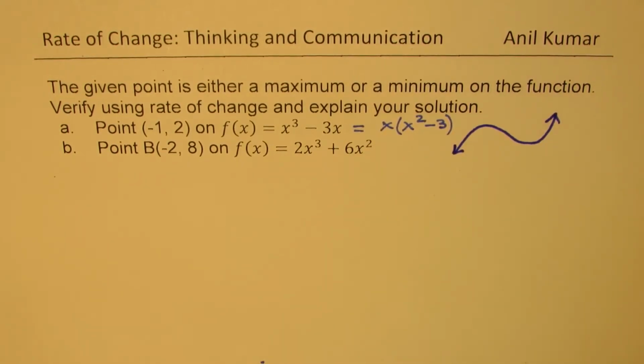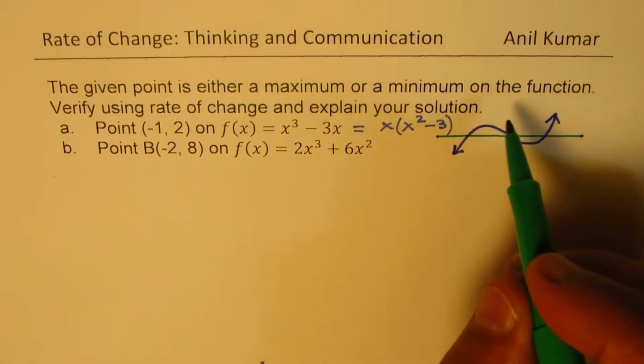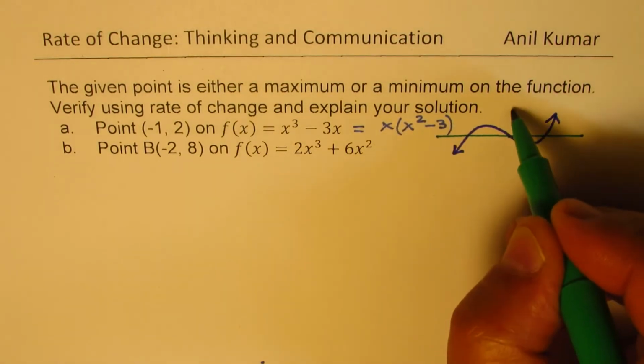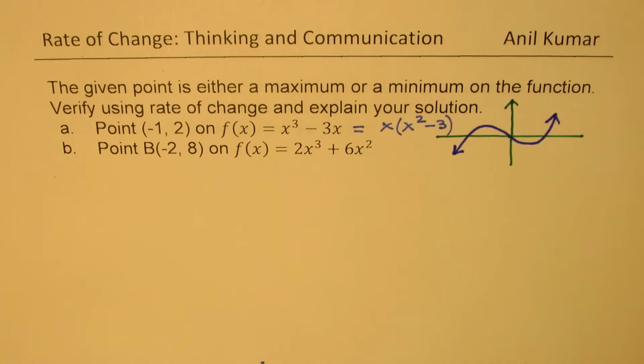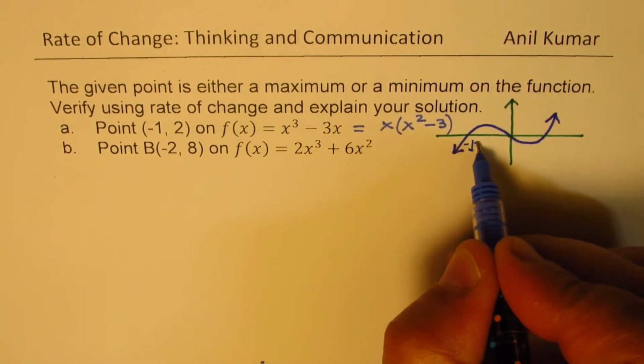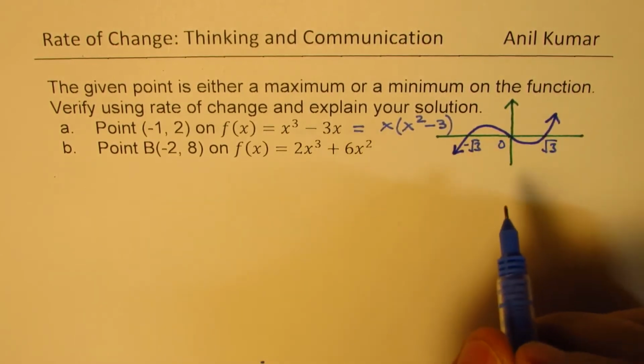So I'm trying to explain the concept first, and then we'll get into the solution, right? So one zero is at x equals 0, the other two are at minus square root 3 and plus square root 3, right? So these are your 3 zeros.